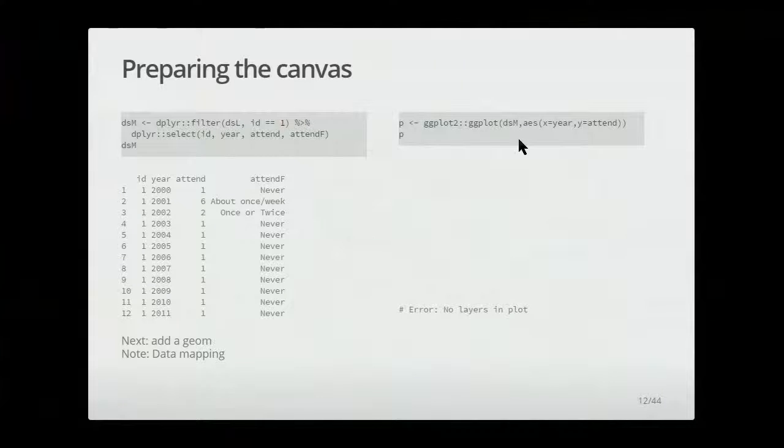The second argument is called aes, the aesthetic mapping function, the function that pairs the concrete values of the variable with an abstract dimension on the graph. So here we say we're working with two dimensions. One dimension is x, horizontal, another is y, vertical. We'll add other dimensions as well, such as color or transparency. We'll be able to do that. For right now, we're sticking with traditional Euclidean dimensionality.